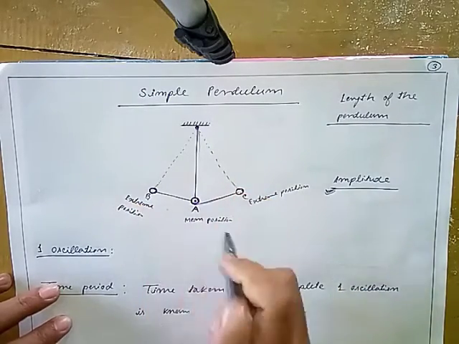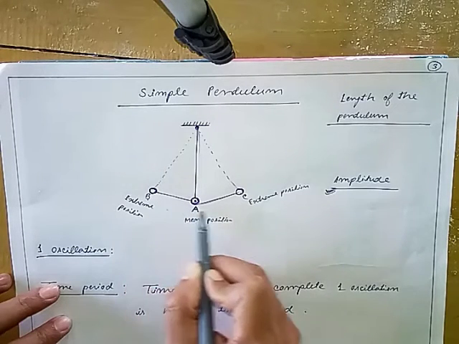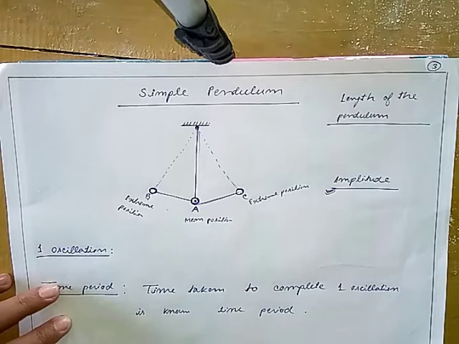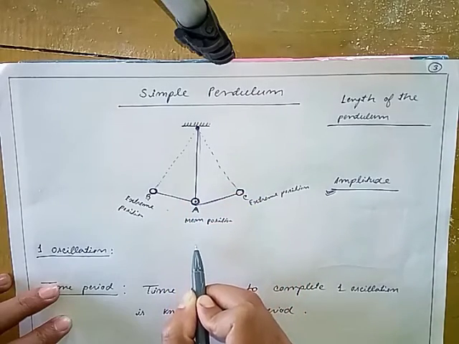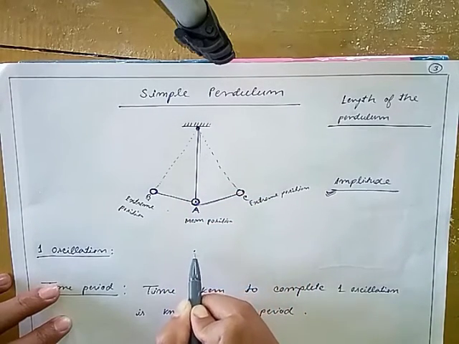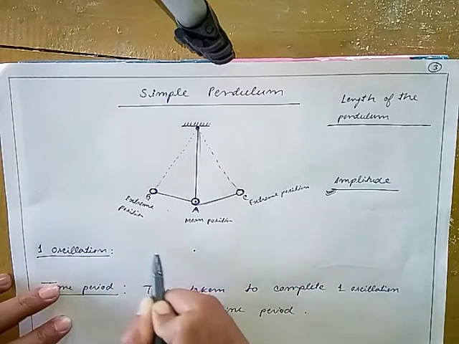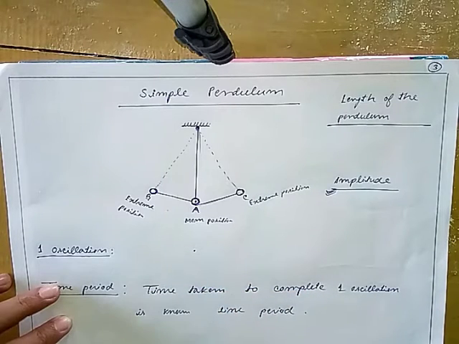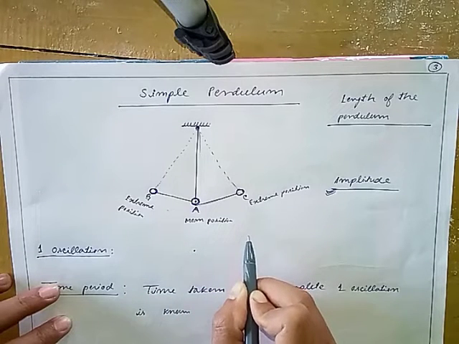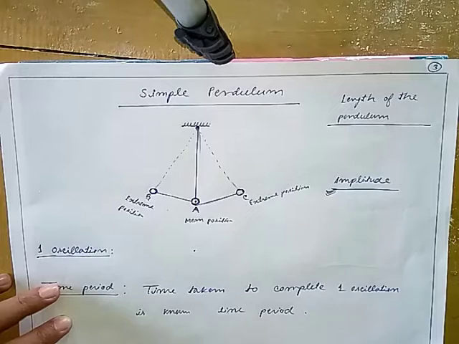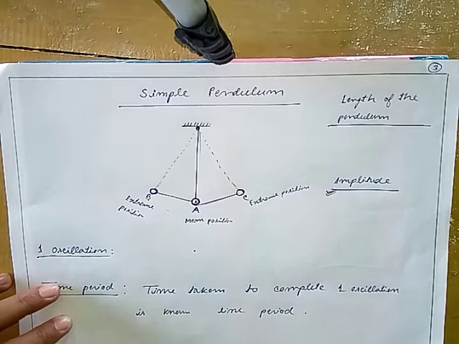If in this case the time taken to complete one oscillation is, suppose, 1 second, and now you increase the length of the pendulum up to here, then to complete one oscillation the time taken will also increase, and the time may be 2 seconds. So as the length of the pendulum increases, the time period also increases.